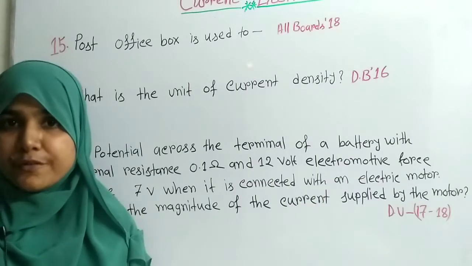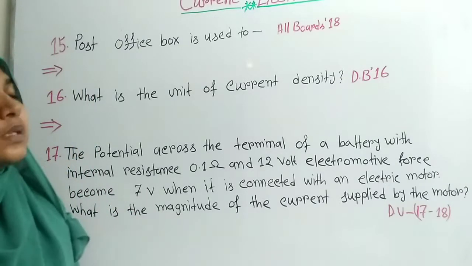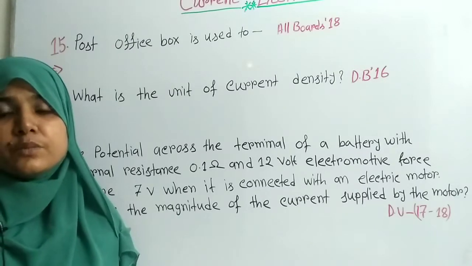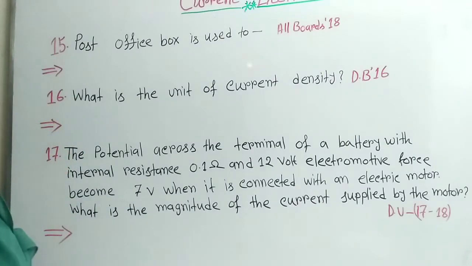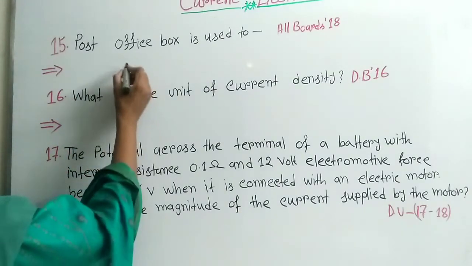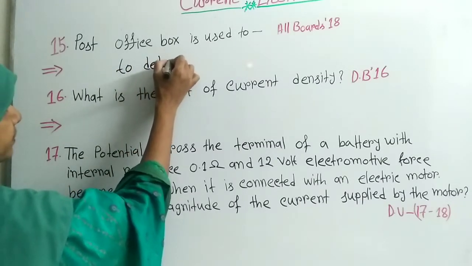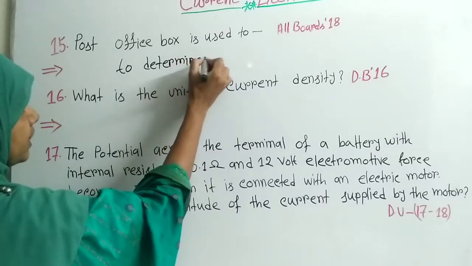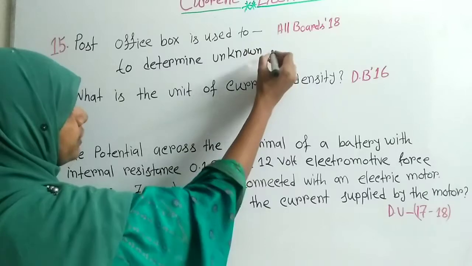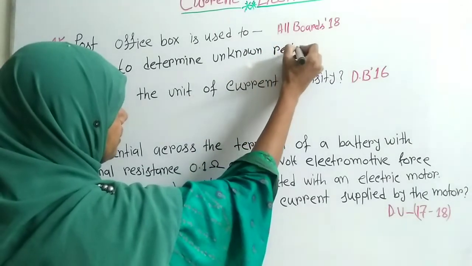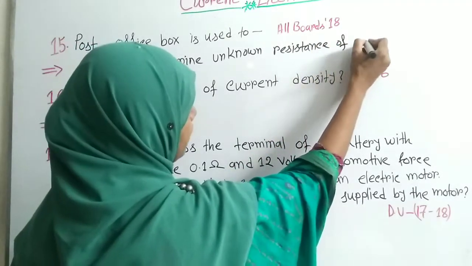Students, our question 15 is from All Board 2018. The question is, post office box is used to. Actually, this post office box is used to determine the unknown resistance of a conductor. So the answer is, post office box is used to determine unknown resistance of conductors.